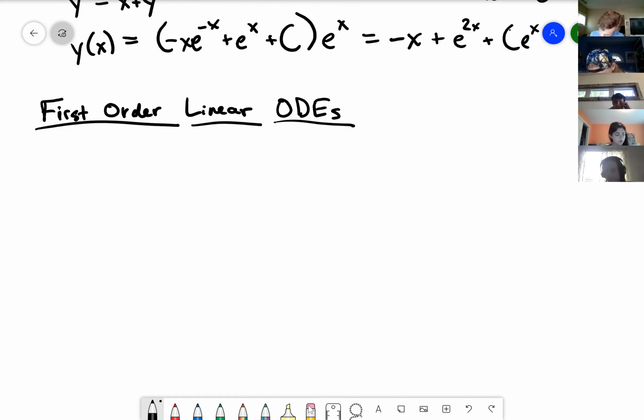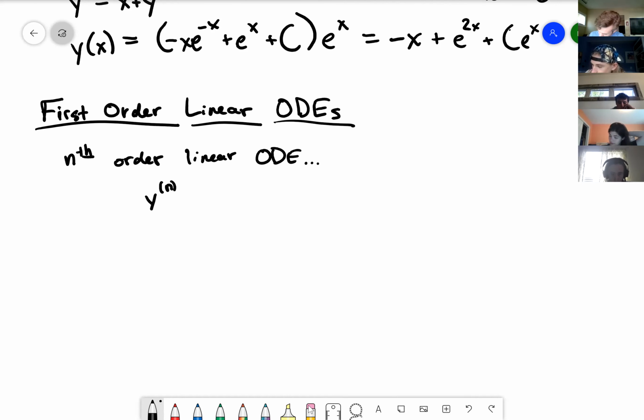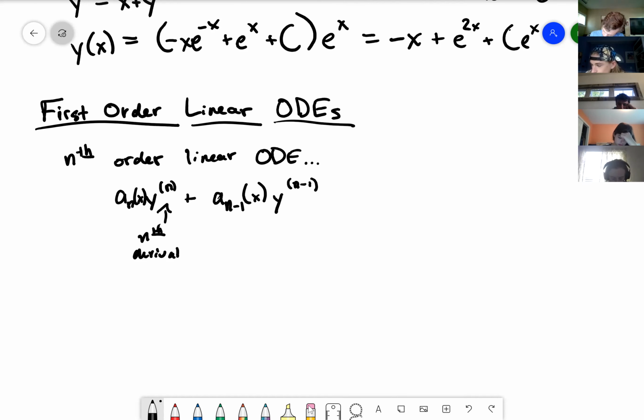let's see, we'll start off with the nth order linear ODE. So this could be written in the form y, the nth derivative, with a coefficient that is a function of x, so I'll call that a n of x, plus a n minus 1 of x times y, where this represents the nth derivative, right?